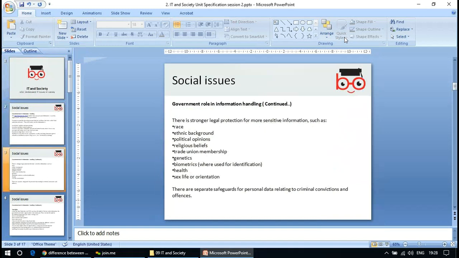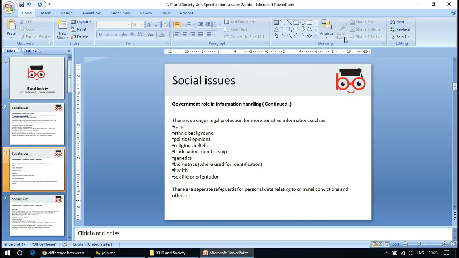So there is stronger legal protection for more sensitive information such as race, ethnic background, political opinions, religious beliefs, trade union membership, genetics, biometrics used for identification, health, sex life or orientation.